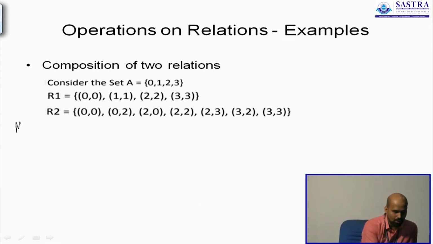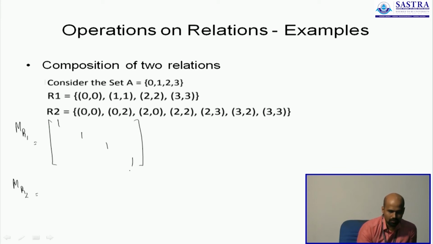Now let's write down what is MR1 and what is MR2, and let's multiply the two. MR1 is easy. It's the diagonal matrix. MR2 is also the same way.